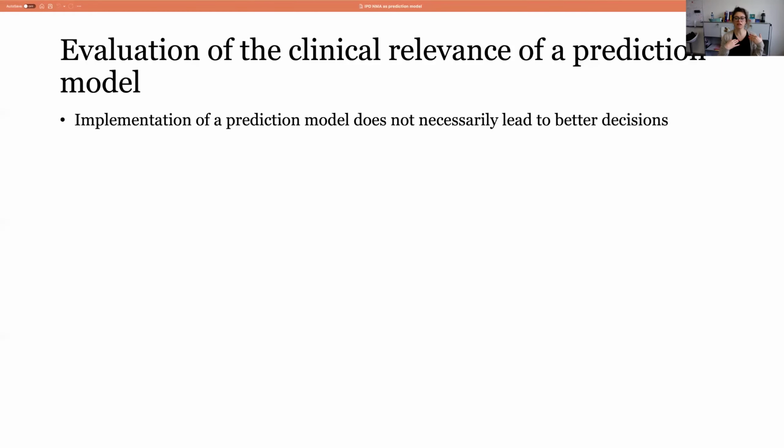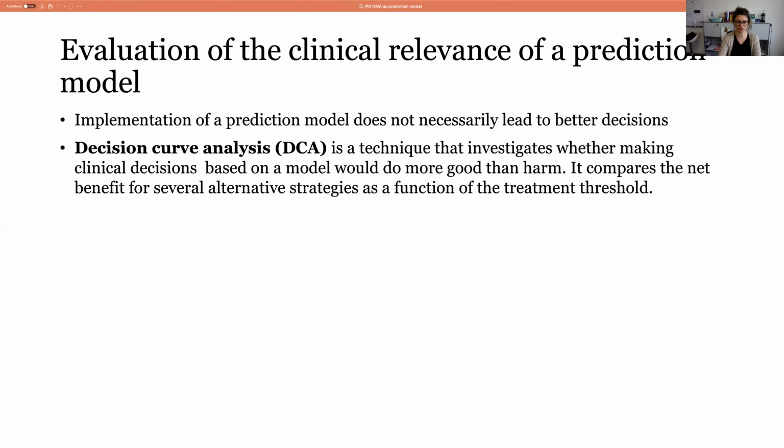But in the next step, what we did is to start thinking whether the model we are developing is clinically relevant. Because even in the case where the predictions are accurate, the implementation of the prediction model doesn't necessarily lead to better clinical decisions.